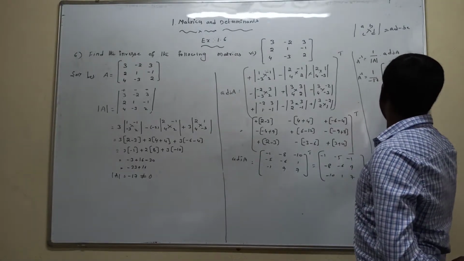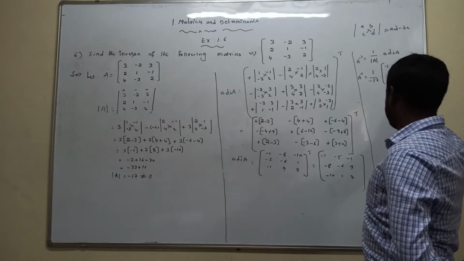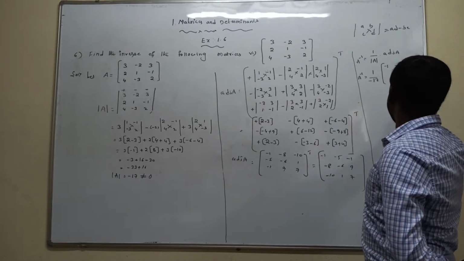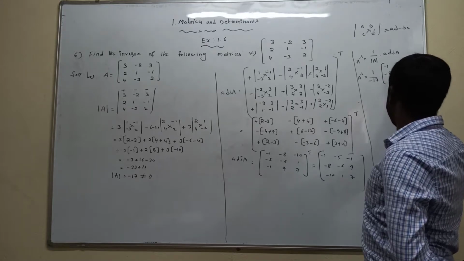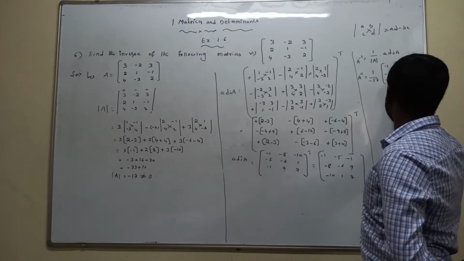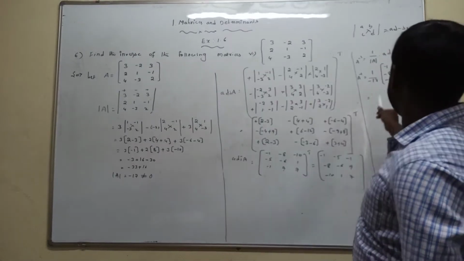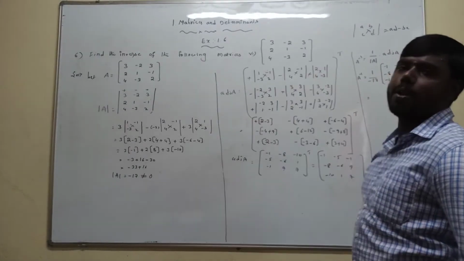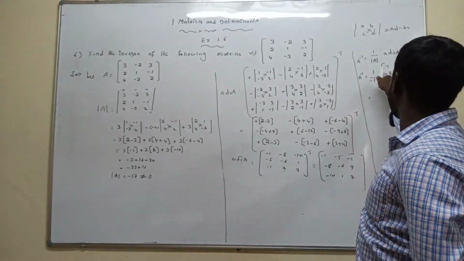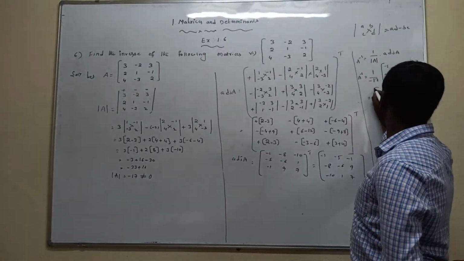The adjoint of A matrix is minus 1, minus 5, minus 1, minus 8, minus 6, 9, minus 10, 1, 7. Now, each element is multiplied by 1 by minus 17.